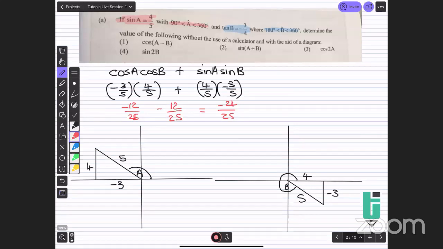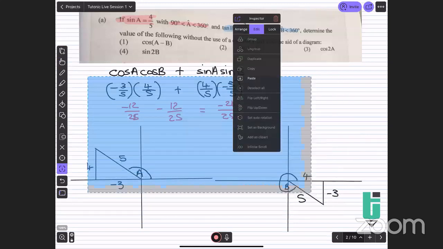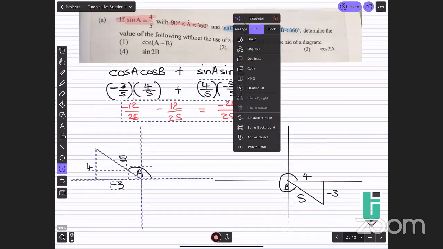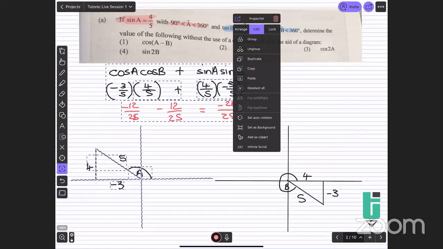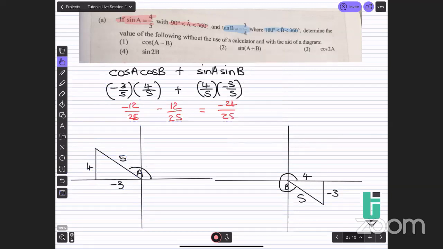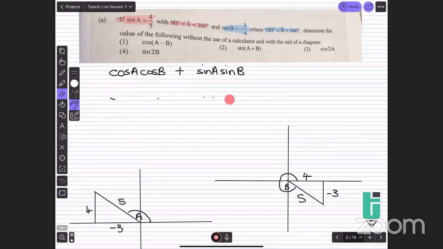Sine A plus B. What's sine(A + B)? Who knows the identity? It's a compound angle, so it's sine A cos B plus cos A sine B. Great. Okay, so remember, I want you guys to try your best to memorize the identities.